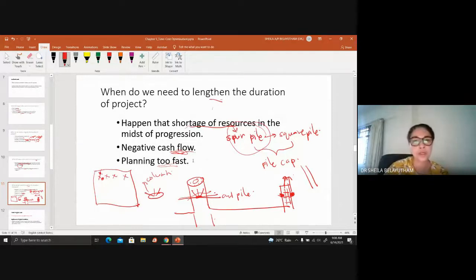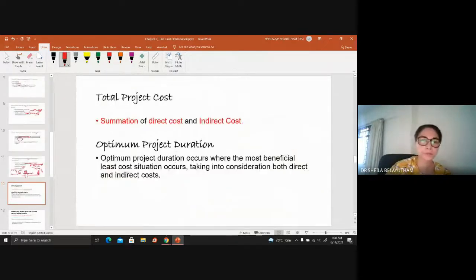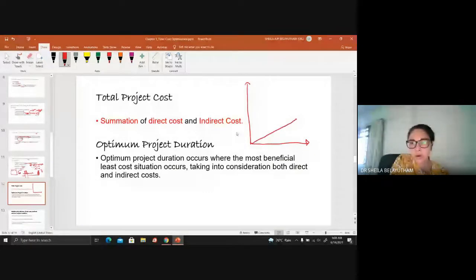Okay. All right, so total project cost would be the summation of direct cost and indirect cost. Okay, so when you put it in a graph form, usually your indirect cost will be the lowest. Okay, so you have the indirect cost, and then you would have direct cost, and the summation of it, you will get total project cost.